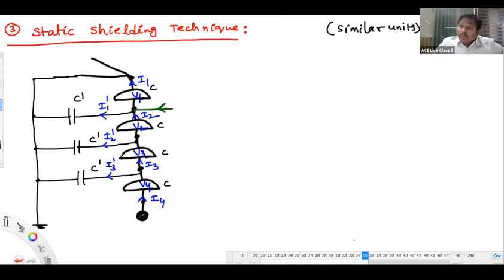Yes or no? Now, if you inject some current into metal link 2 that matches I2 dash, then I2, I3 currents are equal and V2, V3 voltages are also equal. Similarly, we inject some current to match with I3 dash. Then I3, I4 currents are equal and V3, V4 voltages are also equal.